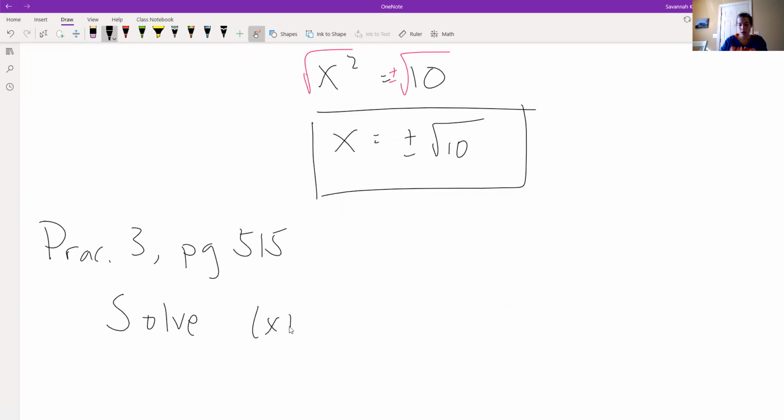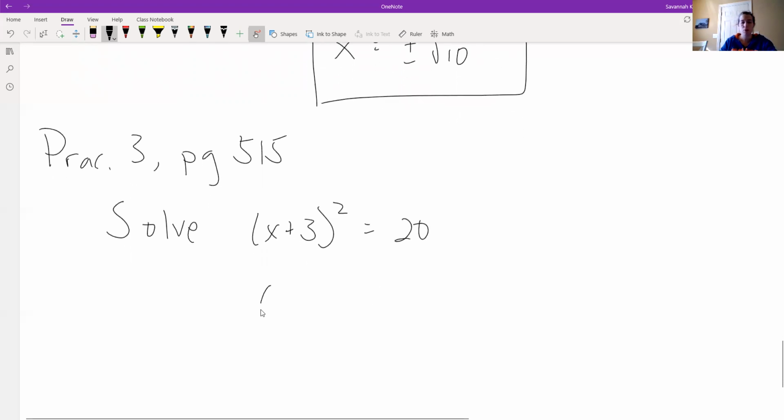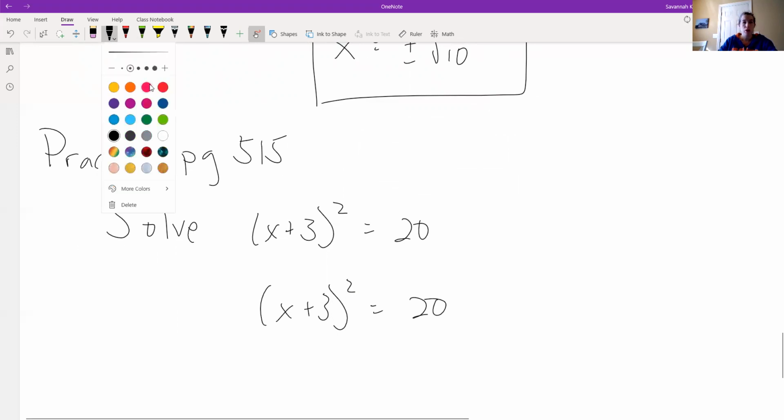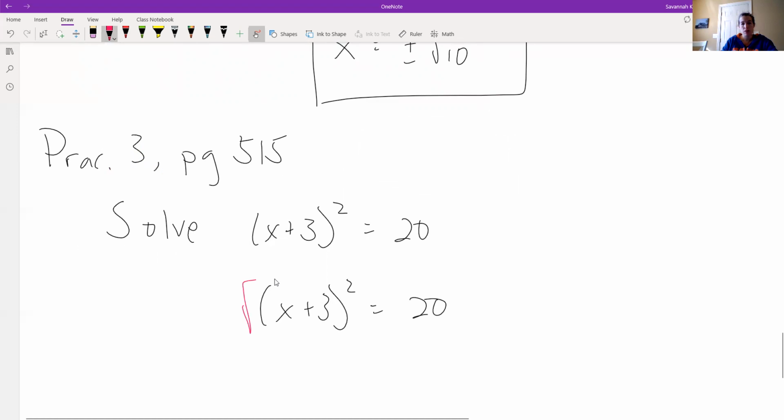Okay, so now we have something where it's not just x squared. It's an expression in terms of x, but the square root property will be handled the same way. Meaning our goal is still to get rid of that second power and release the inner expression. So we are going to square root both sides.